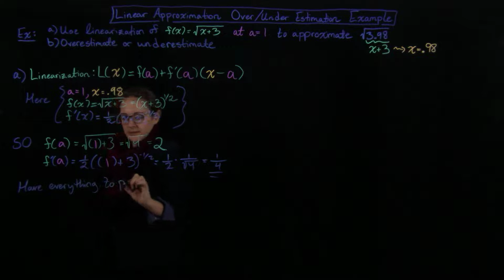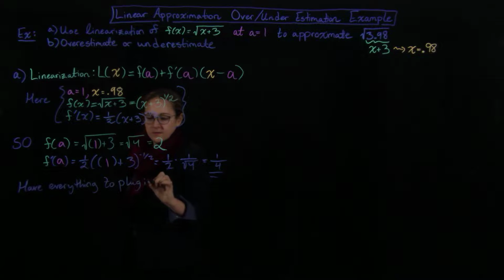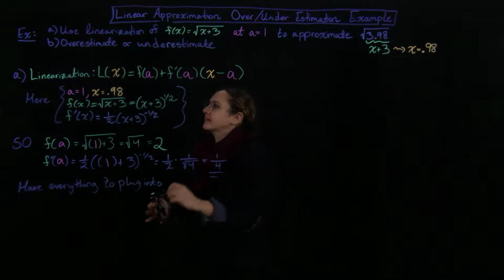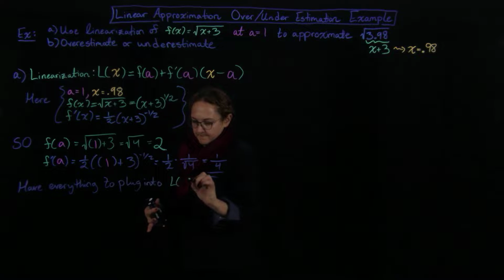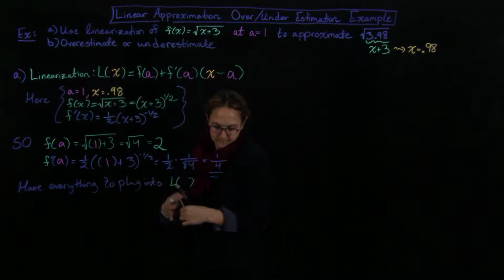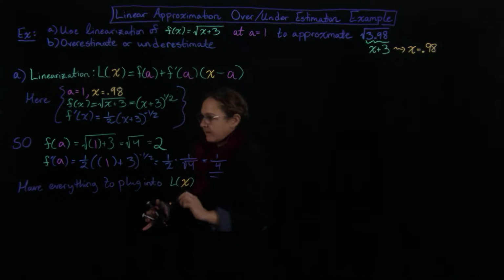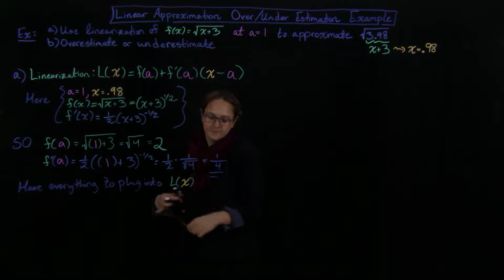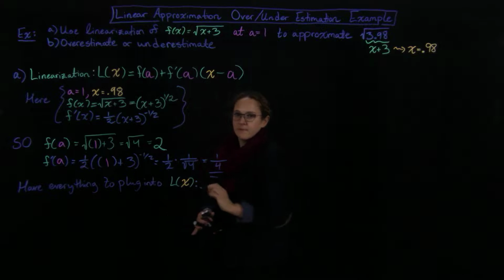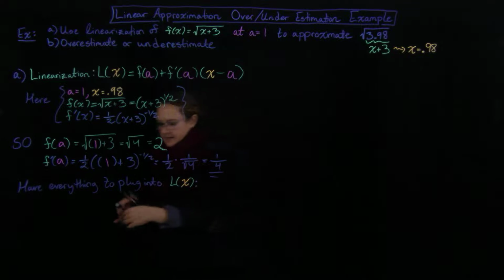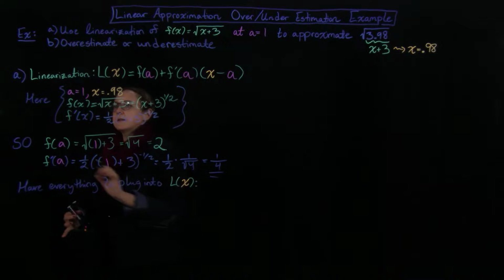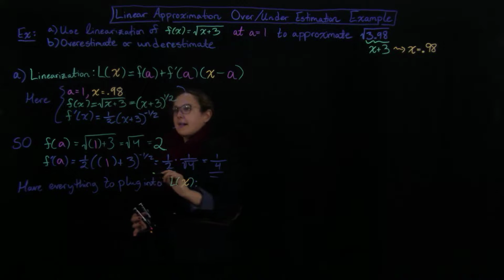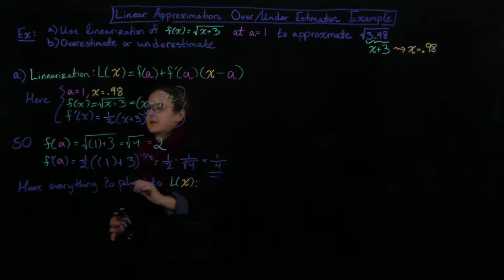And we want to plug it into this L of x. So we go ahead and do that. Using the formula here, maybe I can write everything that I'm going to use above.